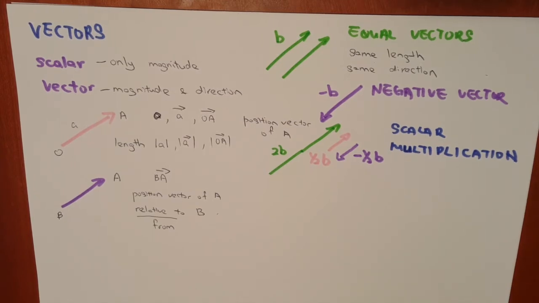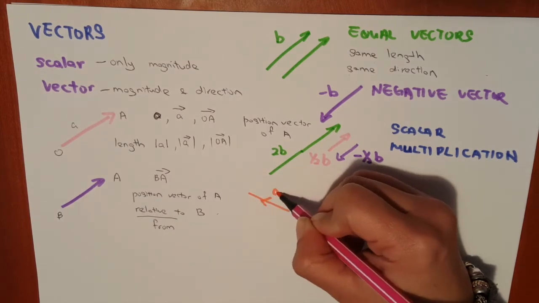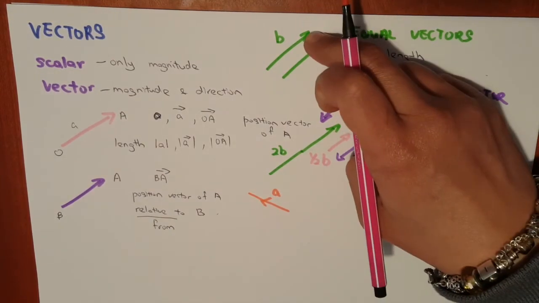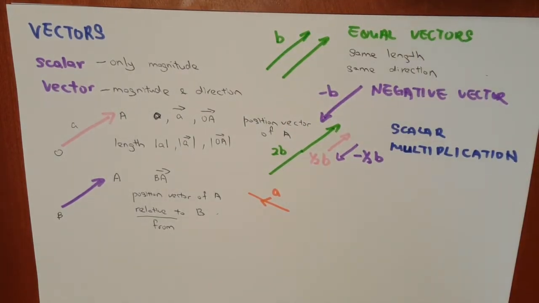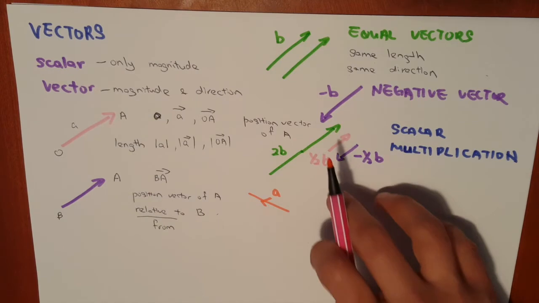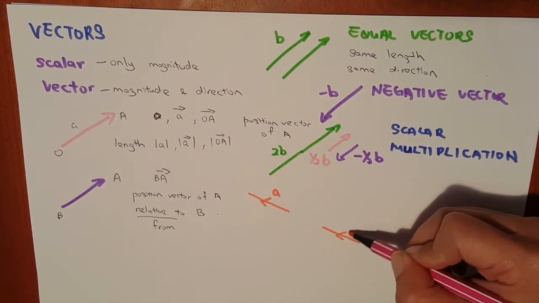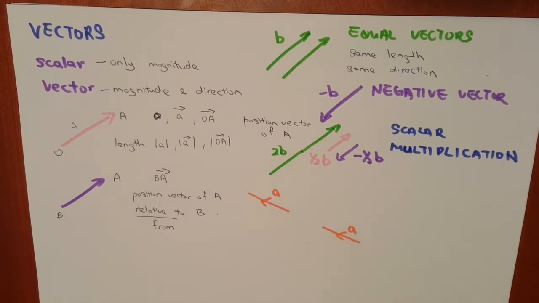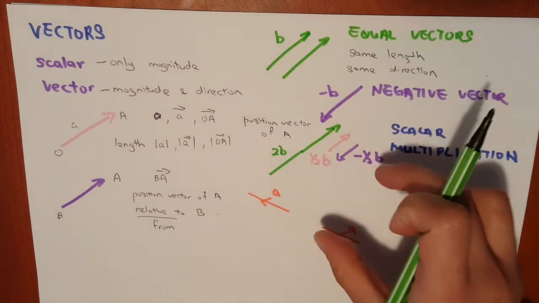And other than that, we also have vector addition. What does that mean? For example, I have a vector A, and it goes this way. And I have a vector B here, which is going this way. If I combine these two vectors together in a blank space here, I have vector A going this way and vector B going this way.